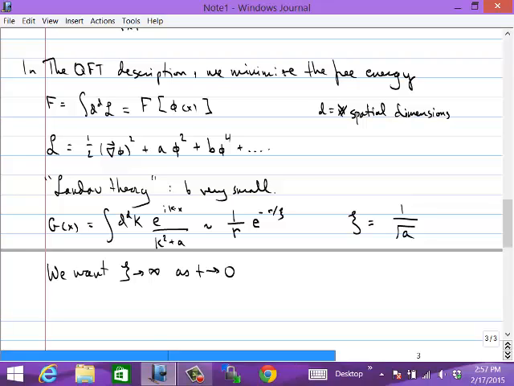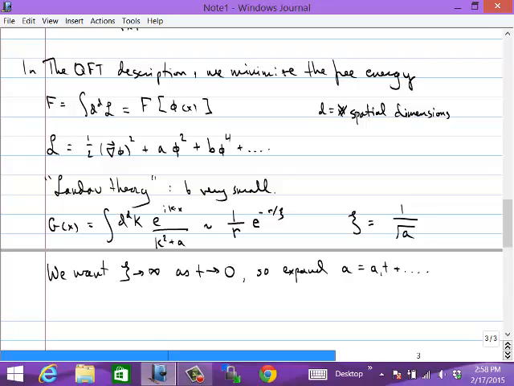And the correlation length is going to diverge only when that parameter A goes to 0. So what we do is we Taylor expand near t is equal to 0. And A will have a term that's linear in t plus higher order terms that can be neglected very near the phase transition.